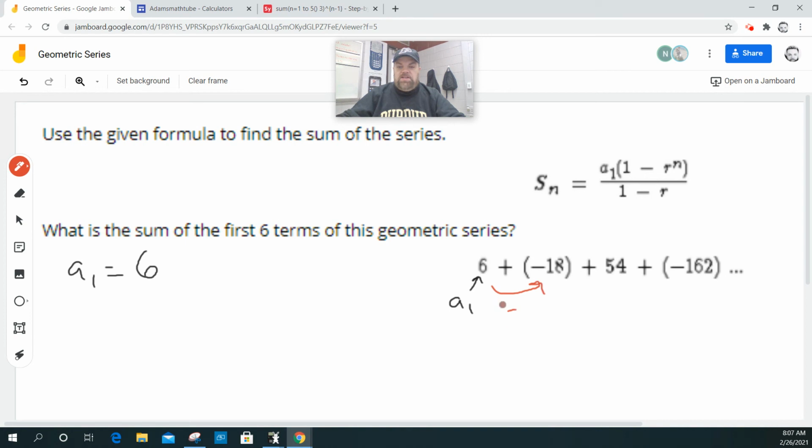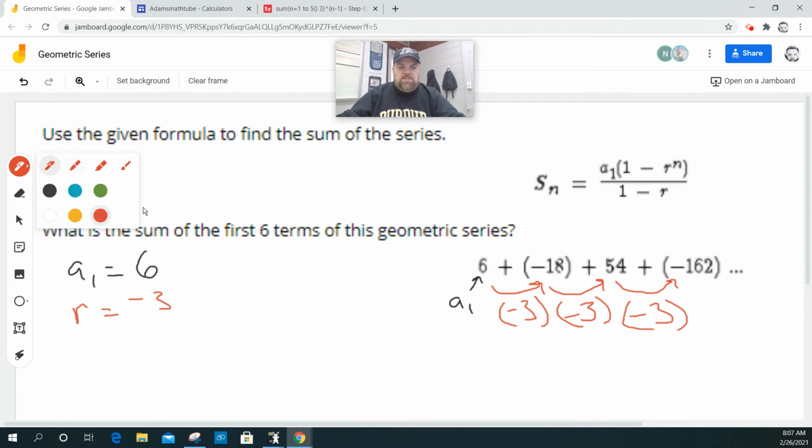So this one is going to get multiplied by -3, this is going to be -3, and this is going to be -3. So then my common ratio equals -3.